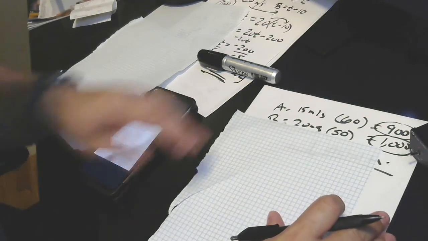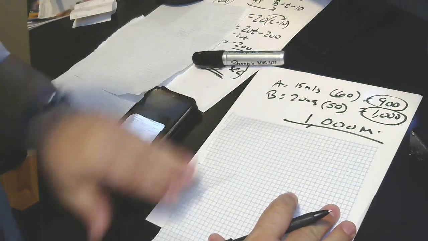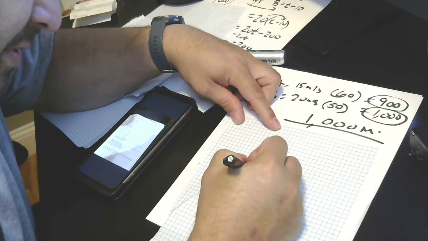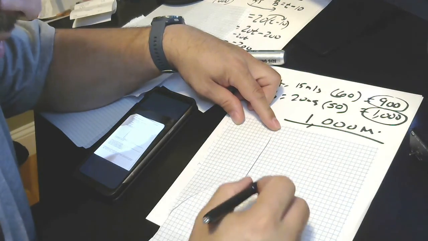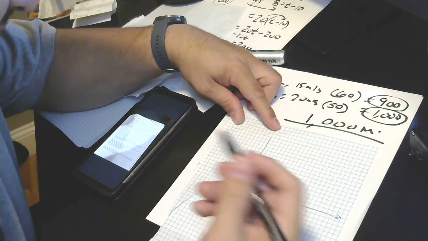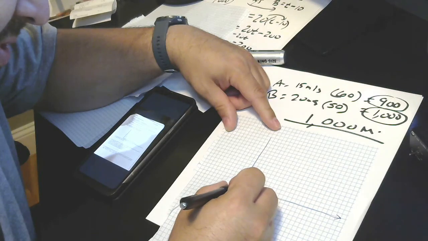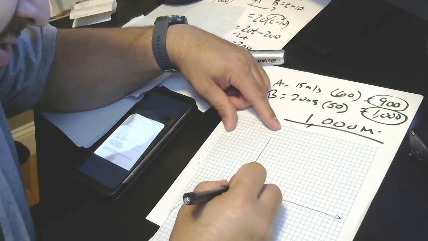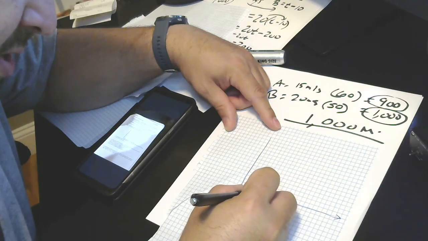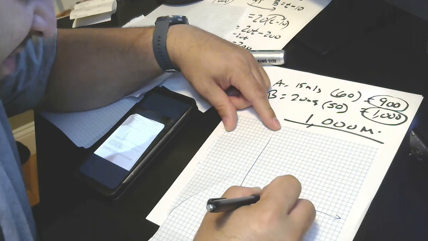Okay, so the next one, I want you to graph a plot for the first 60 seconds. So here, we're going to make this little line here, and it wants 60 seconds. Let's just do 10-second intervals. So t is on this axis: 0, 10, 20, 30, 40, 50, 60, 70.